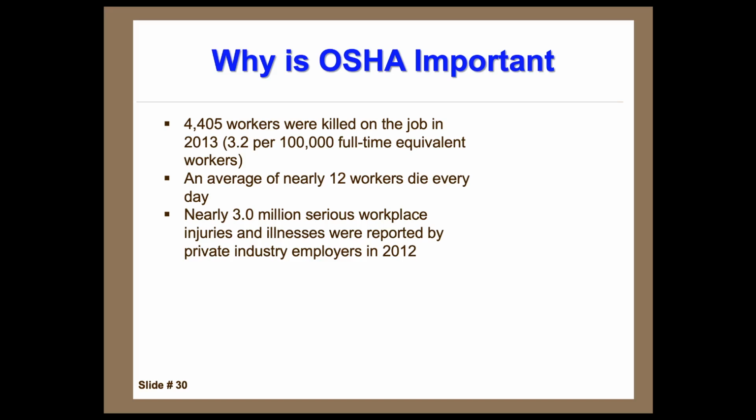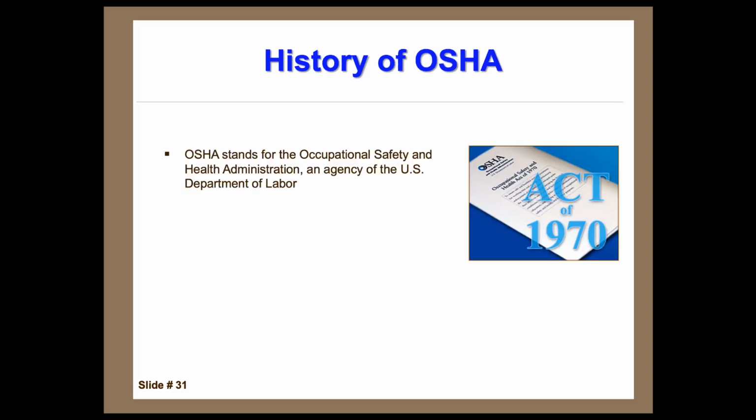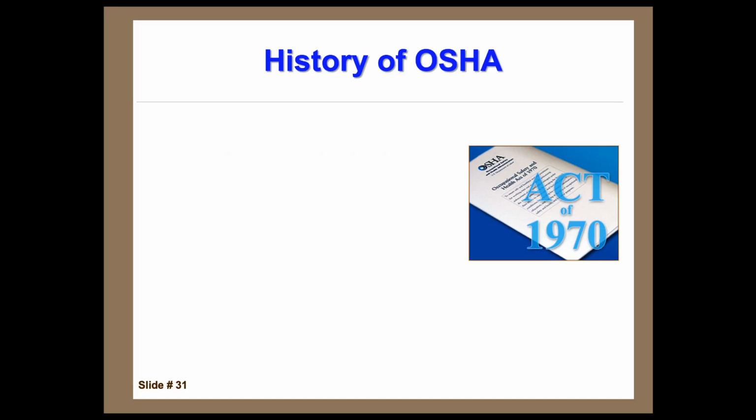Nearly 3 million serious workplace injuries and illnesses were reported by private industry employers in 2012. So OSHA is very important, and they provide procedures, precautions and guidelines for the employees.